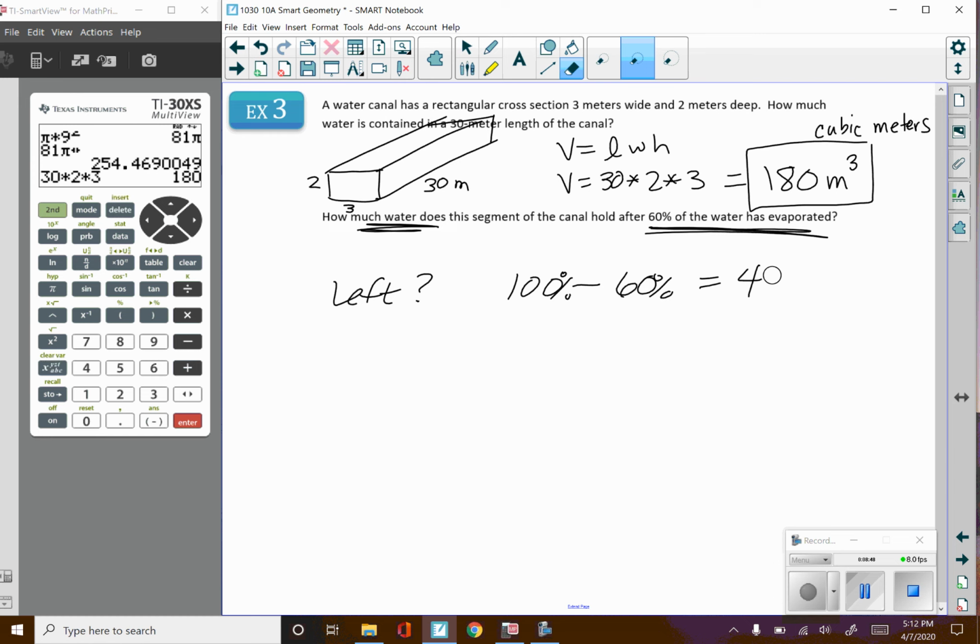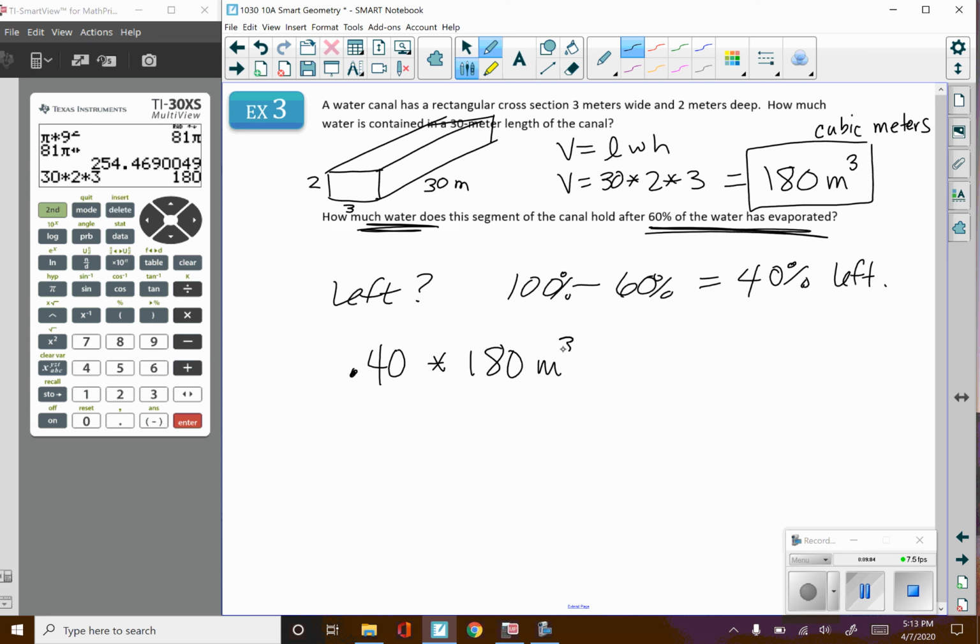Oh, that's too small of a zero. Good handwriting. 40% left. So to calculate how much water is left, we know it's 40%, so we just take that percentage and multiply it by 180 cubic meters.